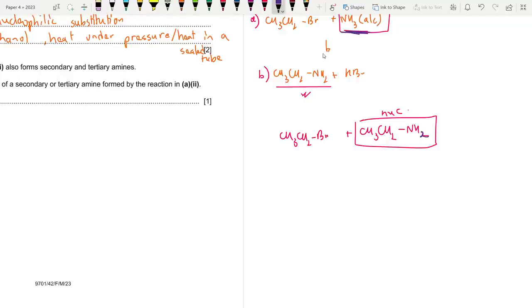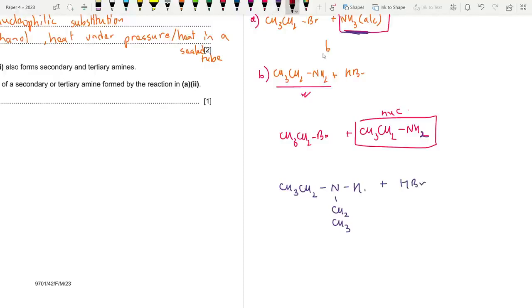So what do we end up with? We basically get CH3CH2, here we get the N, but this N will have another CH2CH3 attached to it, and we have one H remaining, and it's going to release HBr again.